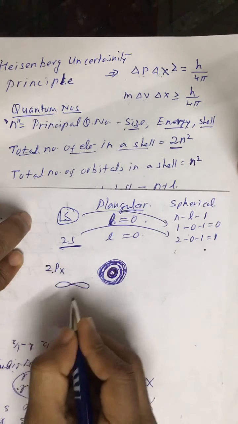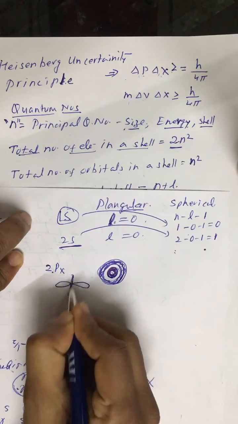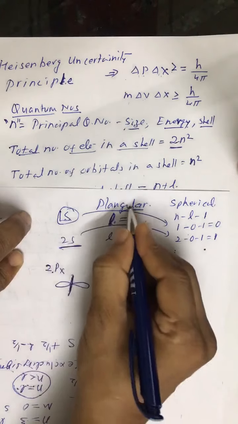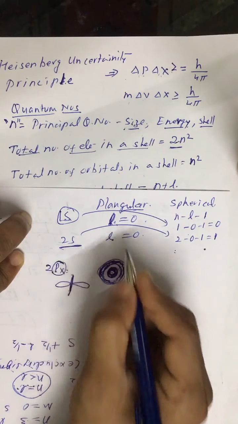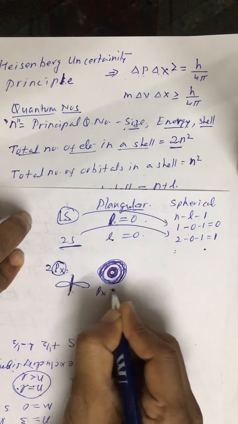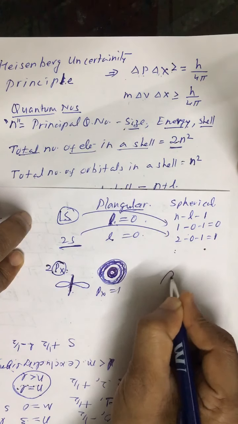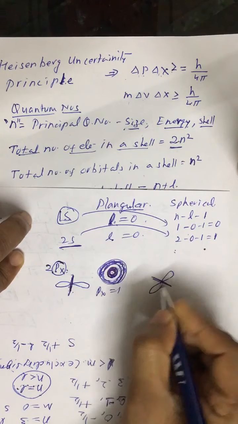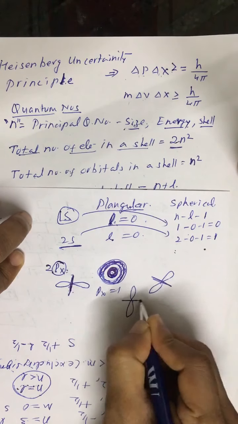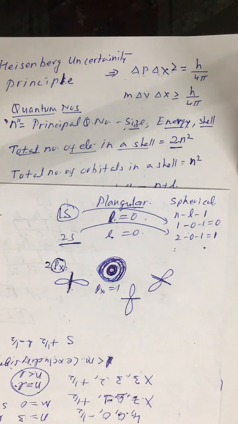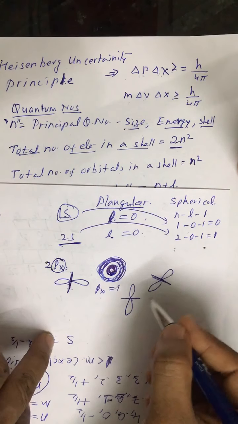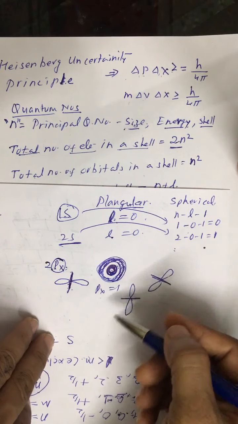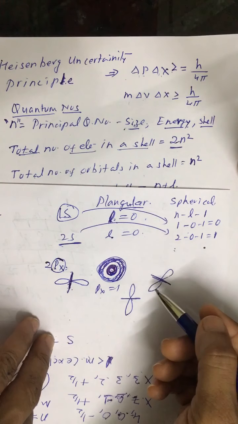This is called a planar node, given by L. For a p orbital, the value of L is 1. That means in px we have 1, py we have 1, and pz we have 1. So in the p subshell, 2px, 2py, 2pz have one planar node, and even 3px, 3py, 3pz have one planar node.